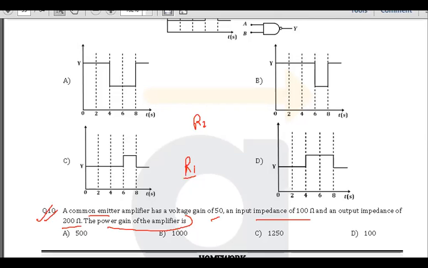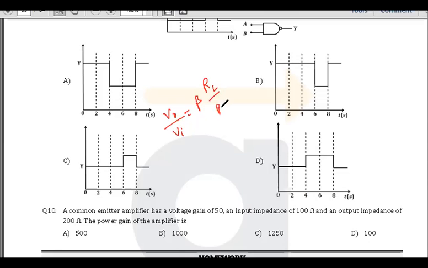Yes, very good, Harsha. Everyone? So V output by V input, if you remember, when you just talk about the value, is beta into R output by R input, yes or no? This is given, this is given.